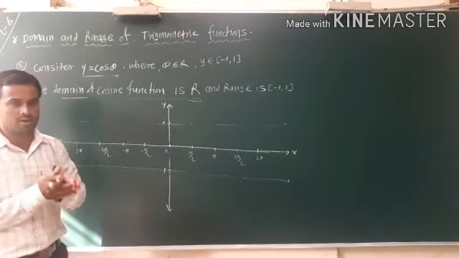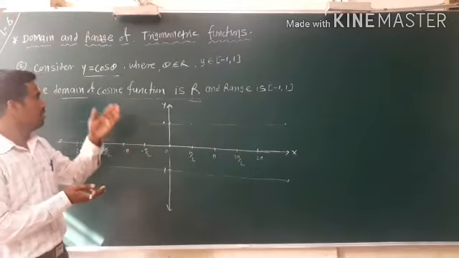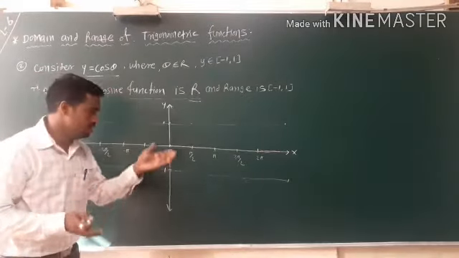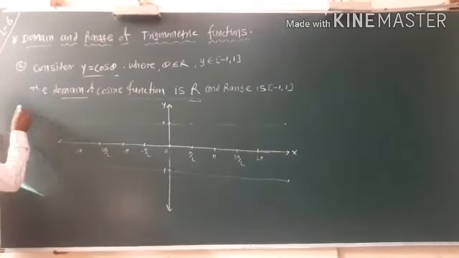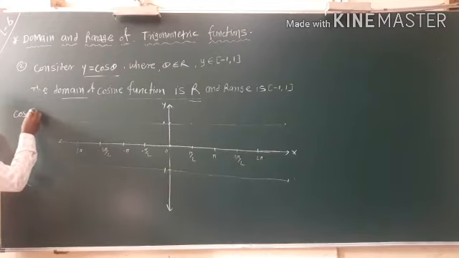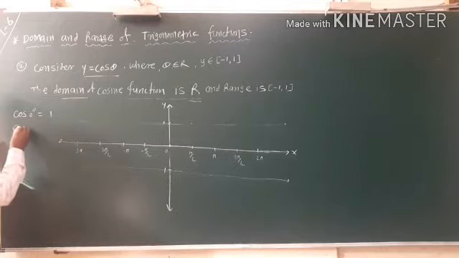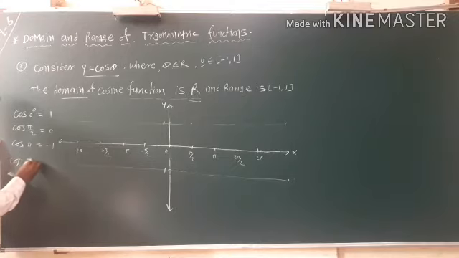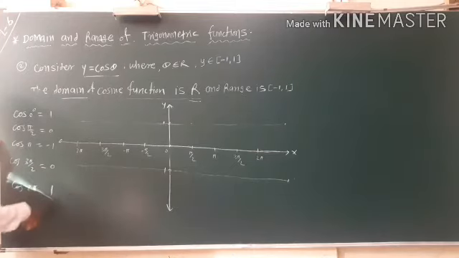Similarly draw the graph, only the values change. cos 0 degree equals 1, cos pi by 2 equals 0, cos pi equals -1, cos 3 pi by 2 equals 0, and cos 2 pi equals 1.